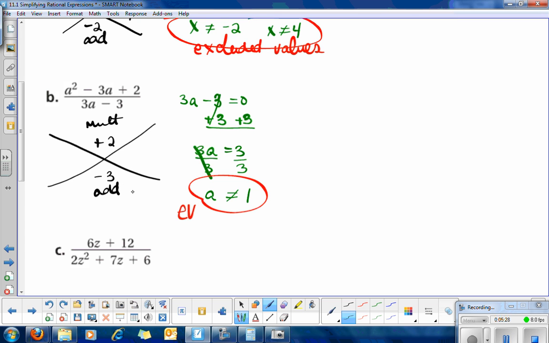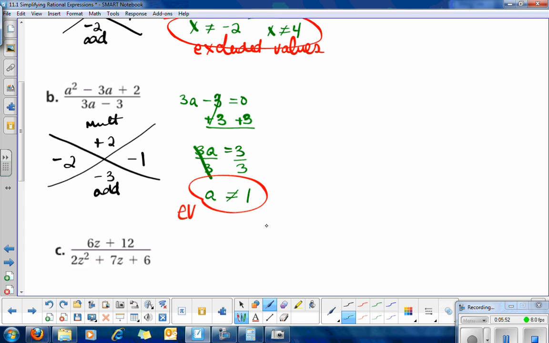Well, of course, you know the factors of 2 are just 2 and 1. So in order for us to get a positive 2, they both have to be negative. So negative 2 times negative 1 is positive 2. And then, when you add them, negative 2 plus negative 1 gives you negative 3.